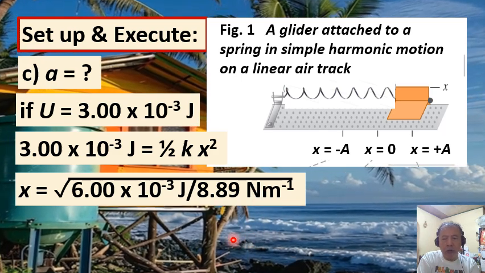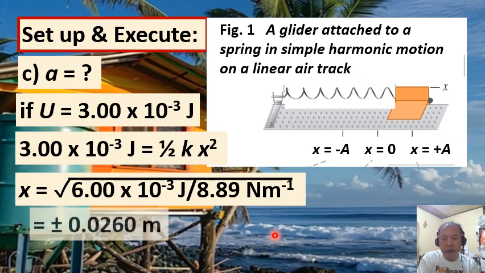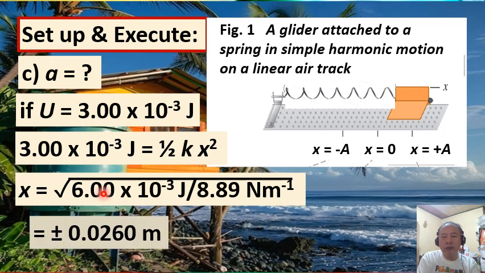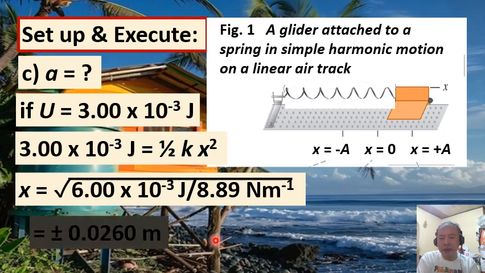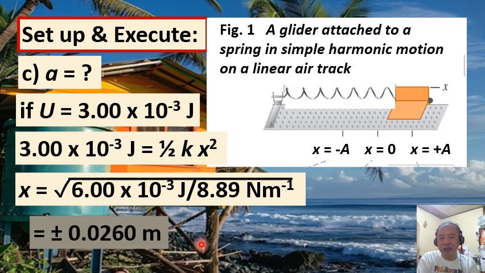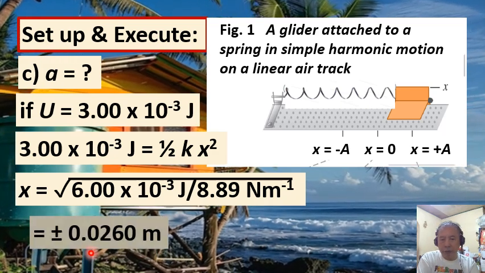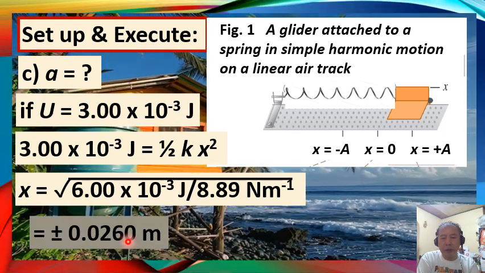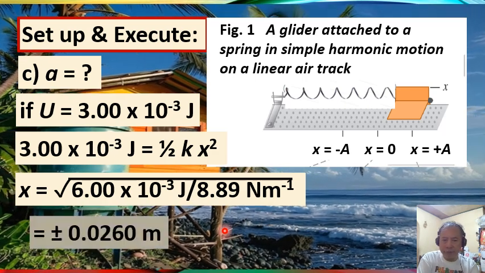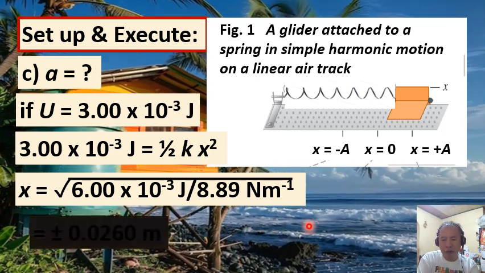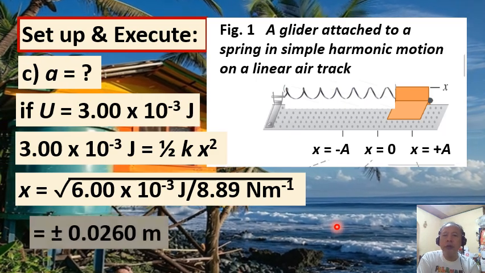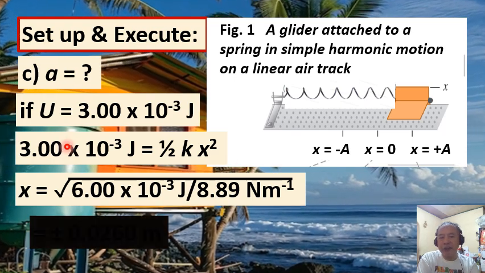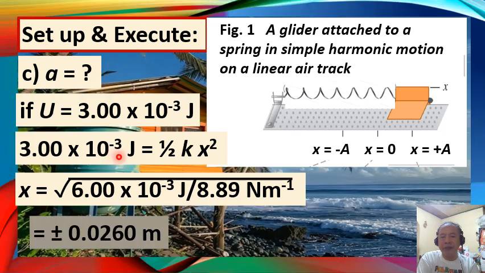So when we do our math, the square root of these quantities inside the radical sign will actually give us two answers, or two roots, positive 0.0260 meter or negative 0.0260 meter, which means that there are two positions at which the glider would have an elastic potential energy equal to 3.00 times 10 to the negative 3 joules, all right?